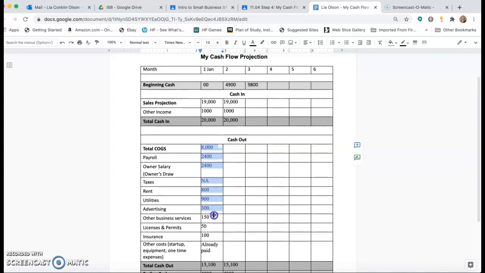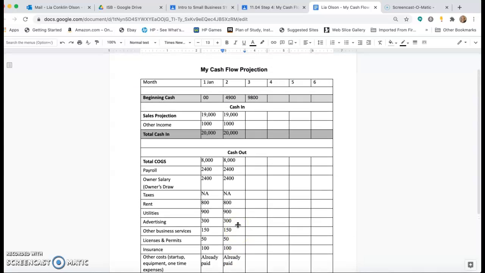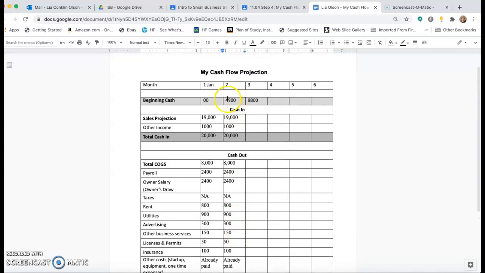If I think everything is going to be the same for the second month, then I just plug in the same numbers. I end up with the same result, and I end up with the same ending cash. But now this cash gets added to my beginning cash. So now I actually begin with $9,800.